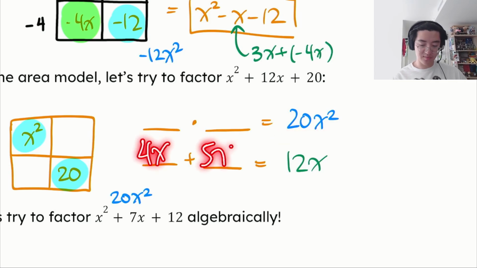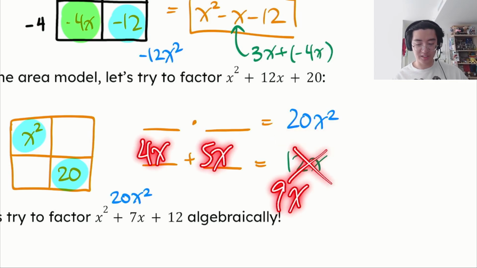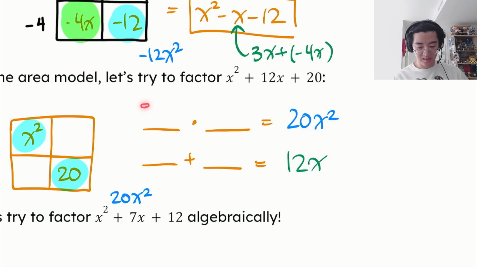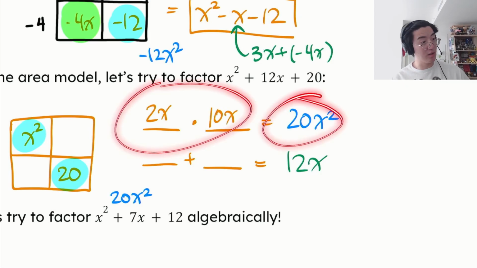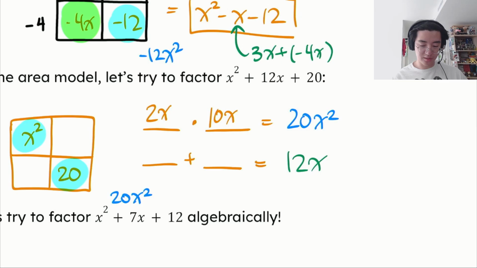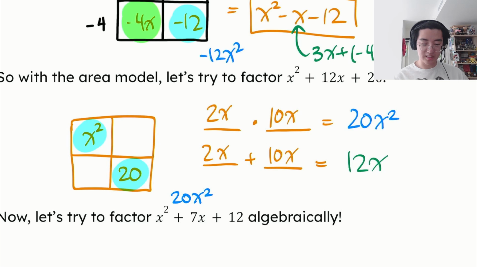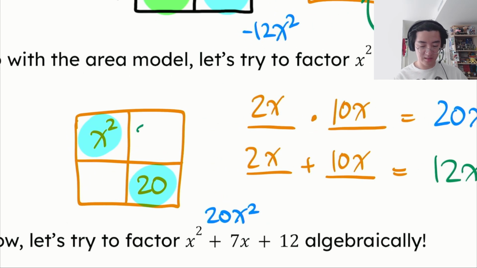But 4x plus 5x is 9x, which again is not 12. So of course our last option is 2x times 10x. Those two will multiply to 20x squared. But we also notice that when we add them up, they get to 12x. Okay, so then we can slot it into our area model.